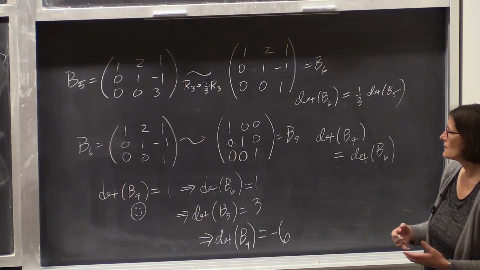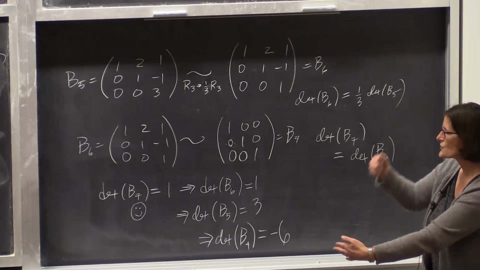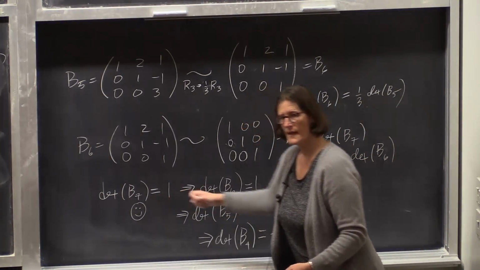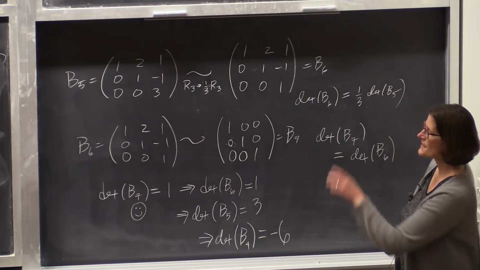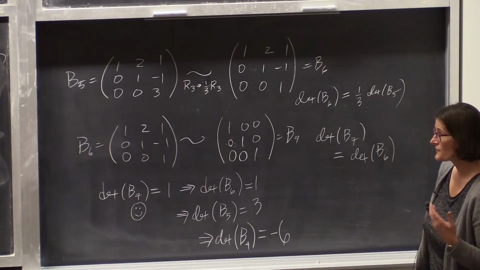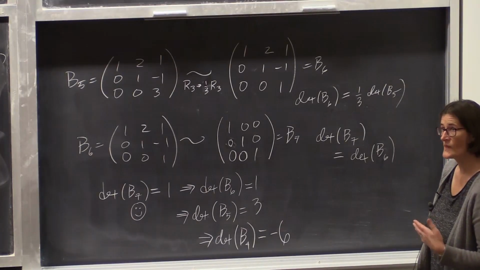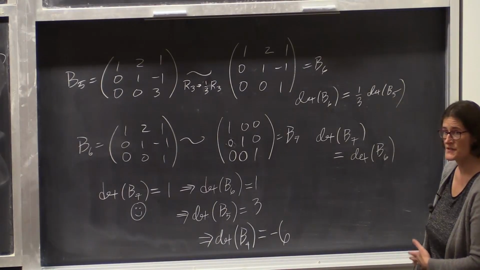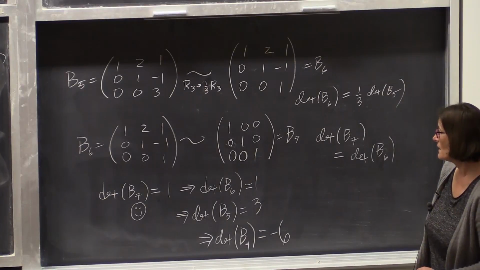No. So you do a whole bunch of stuff, and you end up at the determinant of A. If you started out with determinant equals 1, can the determinant of A ever be 0? No. That's actually the proof of our theorem, that if A is invertible, then the determinant is non-zero, and basically that if the determinant is non-zero, then A is invertible. So we'll revisit that at the end of class.